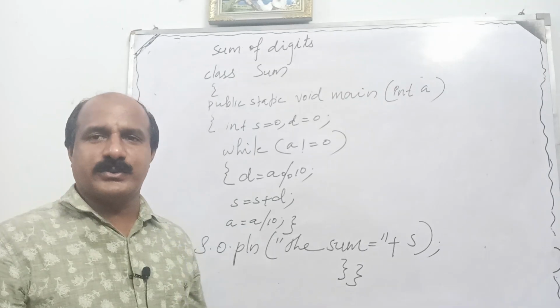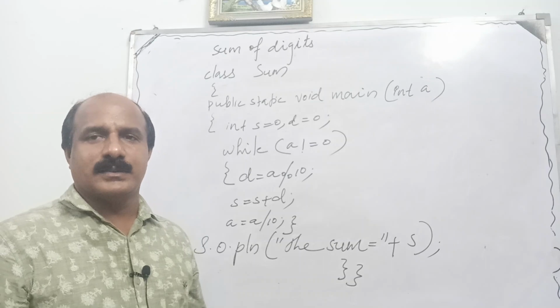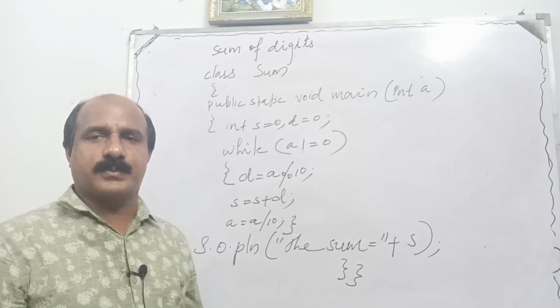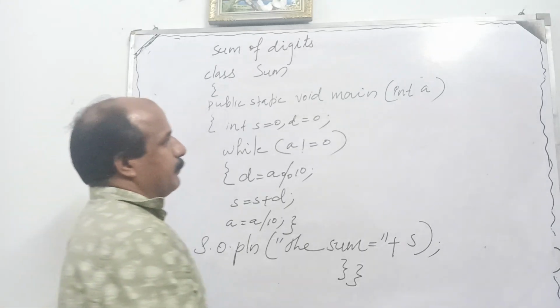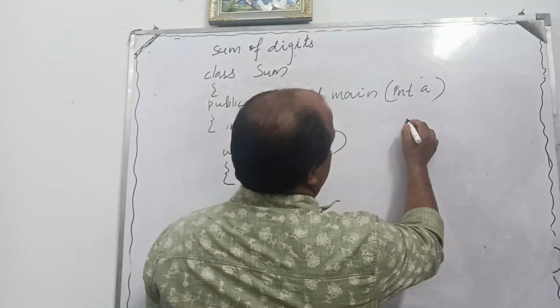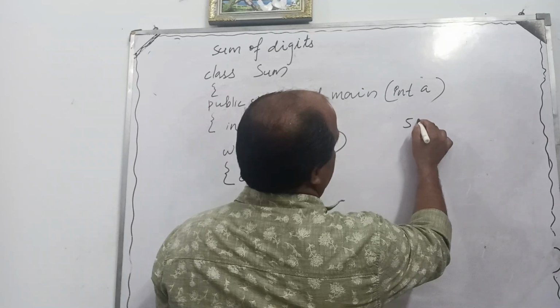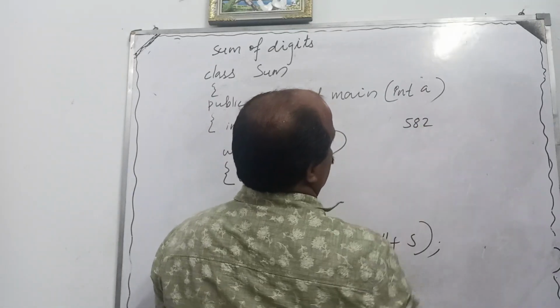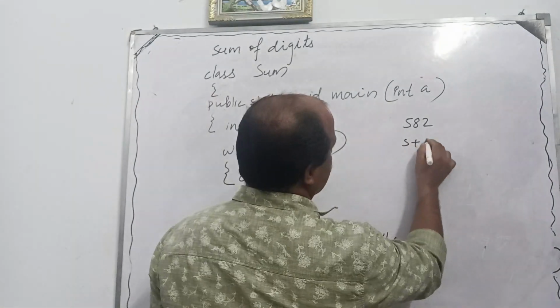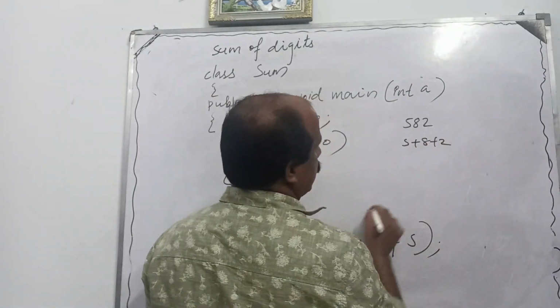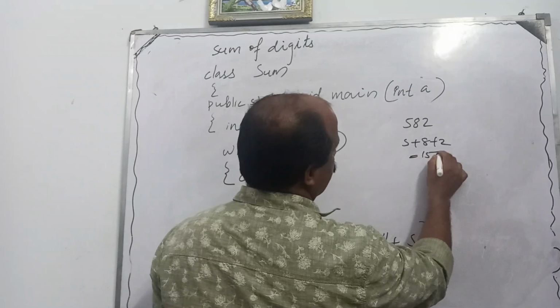Students, next we are going to discuss another program, to print the sum of digits of a number. For example, if you have a number like 582, its sum has to be printed. Sum means 5 plus 8 plus 2, which comes as 15.